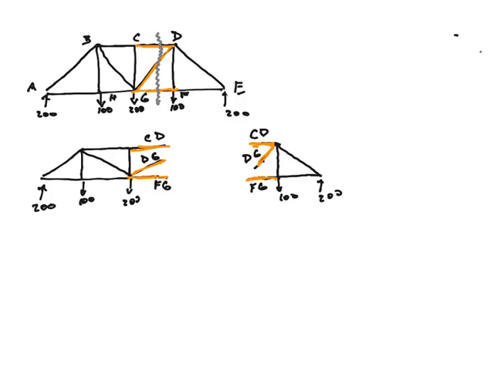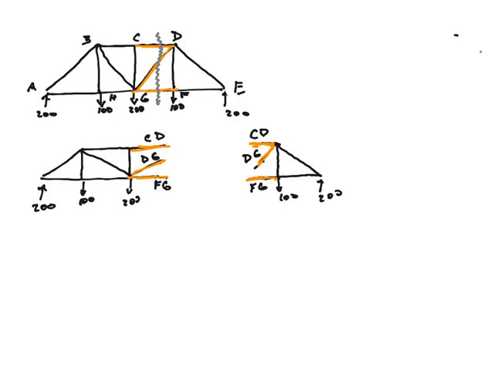The method of sections says once you've broken it into your two pieces, choose one of the two pieces to work on. And in fact, of course, you want to choose the piece which is easiest to work with. That is, the piece that has the least number of things you have to worry about.